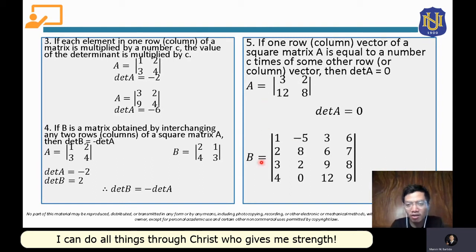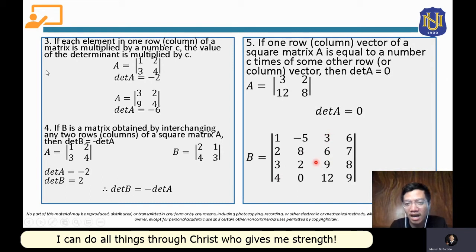But here in this matrix B, we can actually solve this using the fifth property. As you can see, in matrix B, if you notice the first column, if you multiply it by 3, that will be 1 times 3, 2 times 3 is 6, 3 times 3 is 9, 4 times 3 is 12.